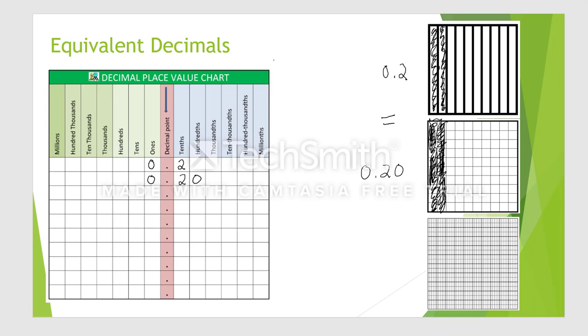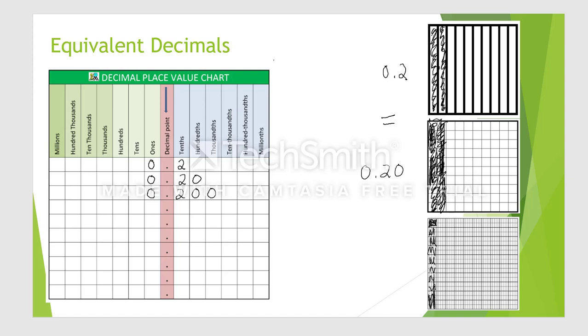Now let's look at one more of these, 0 and 200 thousandths. I have now moved 3 place values out to the thousandths. So if I want to shade in 200 thousandths, each one of these is 10, 20, 30, 40, 50, 60, 70, 80, 90.